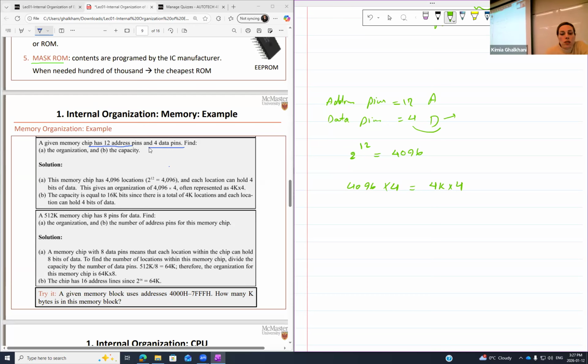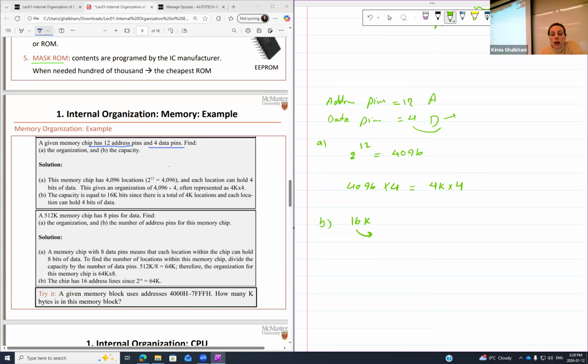Now this is going to be my part A, calculate the organization. Part B is asking for the capacity. What was the format for capacity? I have 4K locations in total, and each location holds 4 bits of data.